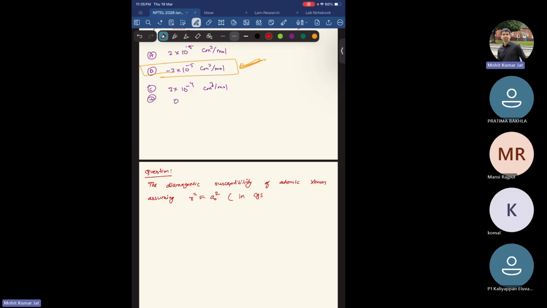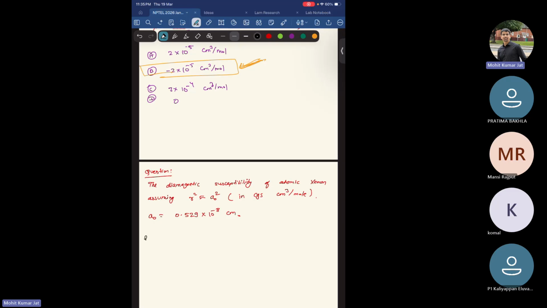In CGS, that will be centimeter cube per mole, and a naught is a very well known fundamental constant, which is the Bohr radius, 10 power minus 8 centimeter. And then we are asked to evaluate the magnetic susceptibility.